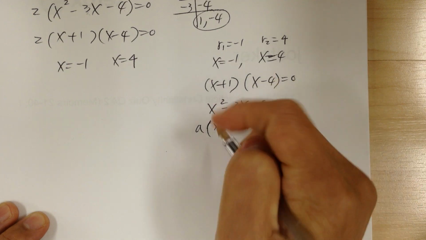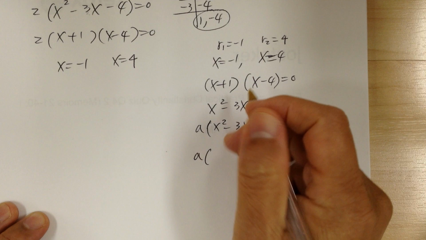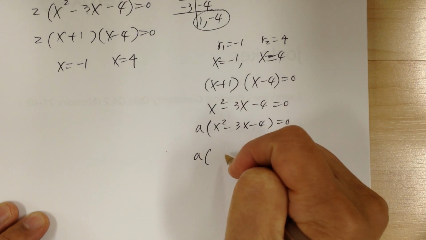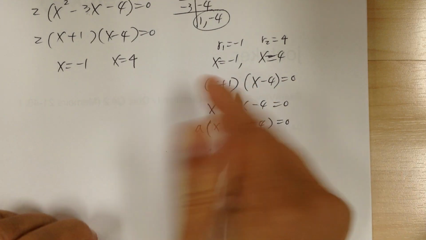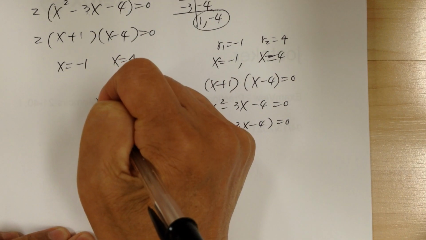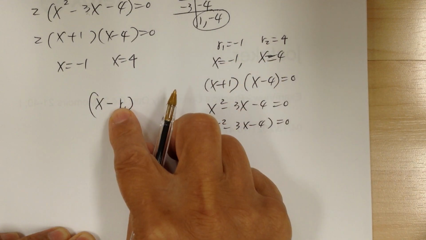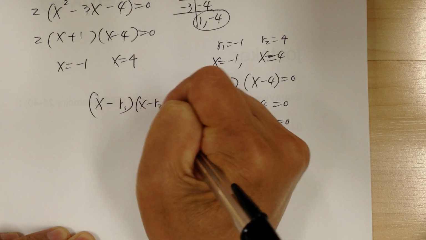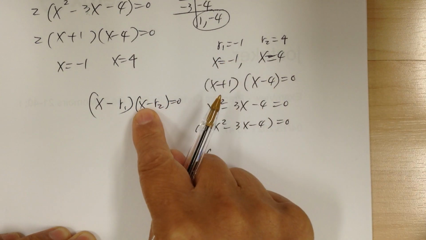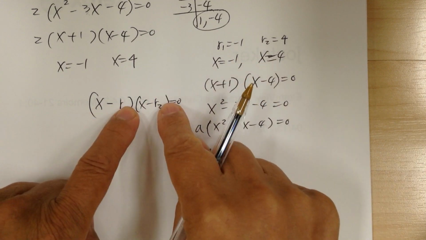The relationship is that a is the leading coefficient, and if you go backward, this is x minus R1, and this is x minus R2. R is your first answer, so this minus will give you that.